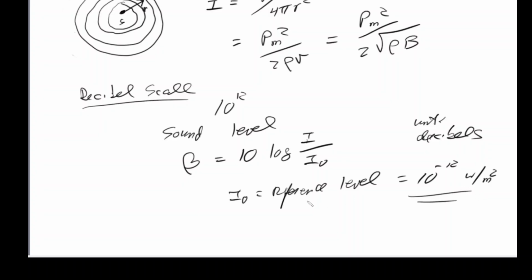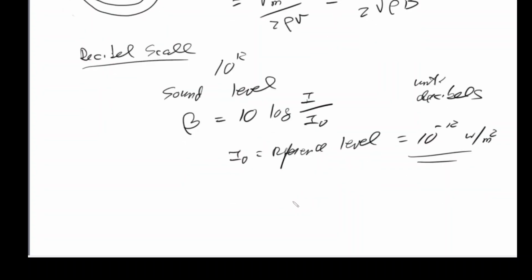And that's why we use that as I sub 0. And if you notice that when the intensity of our sound is equal to I sub 0, beta becomes 10 times the log of 1, which is equal to 0 decibels. So when we have a sound equal to our reference level, we're saying that that sound is so low we can't hear it.